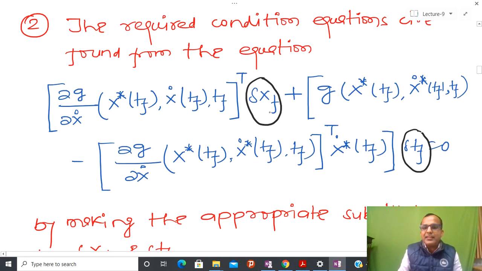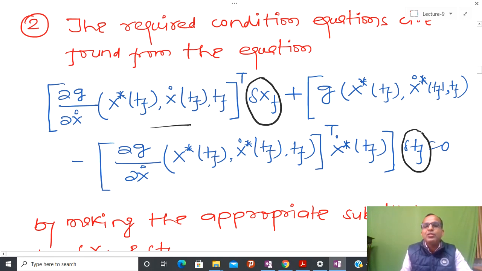Now you can see that delta xf is arbitrary, but delta tf is fixed, so that is equal to 0, and due to that the second term is equal to 0. Since delta xf is arbitrary, in order to find the necessary condition for the optimum of that particular functional, I have to put that equal to 0. So I have to force the coefficient which is multiplied with delta xf to equal 0.